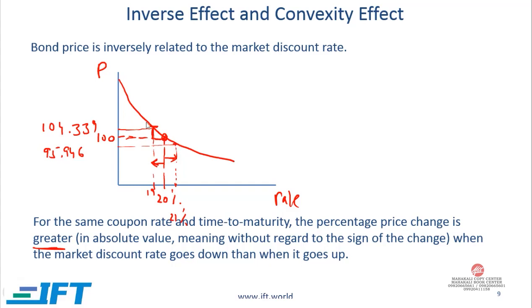So visually you can also see that the drop in price when the rate increases is less compared to the increase in price when the rate decreases. And that leads to a convex shape. Convex when we view the graph from the origin. And this sort of a shape is called a convex shape, and this feature is called convexity.